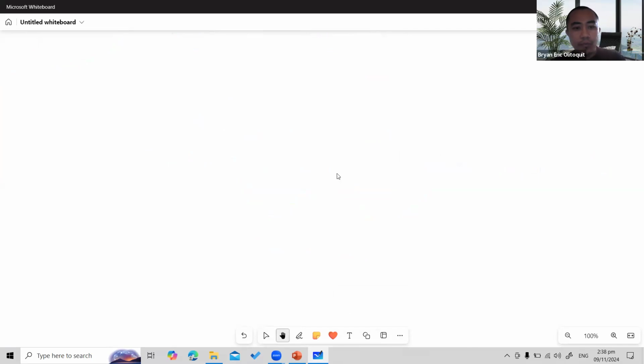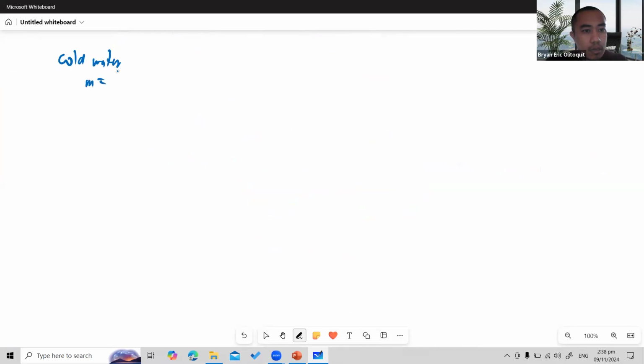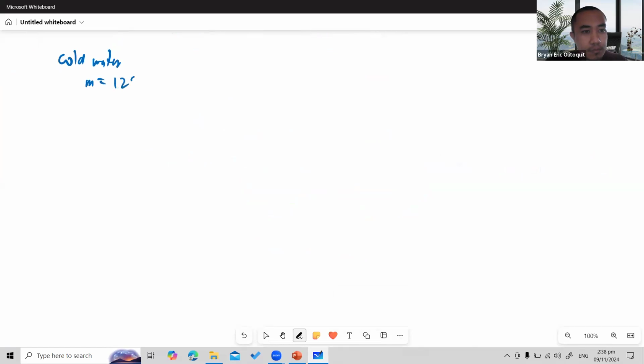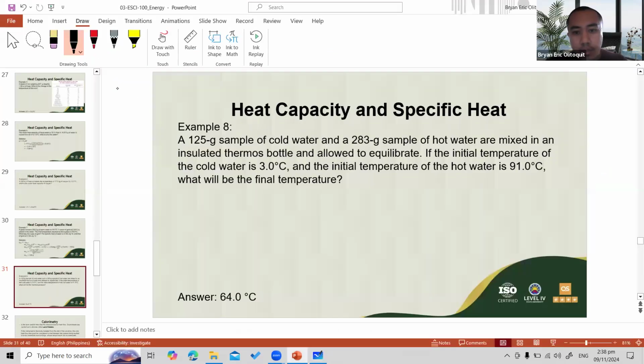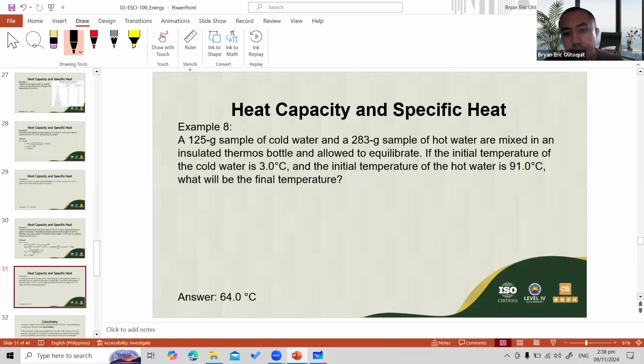Latag lang muna natin mga given. We have for the cold water, this is equivalent to mass of, ilan ba to? 125 grams. And for the hot water, you have 283. Okay, tapos minekos-mekos daw sa thermos bottle.